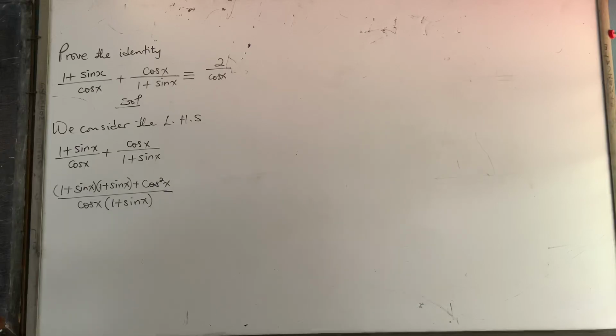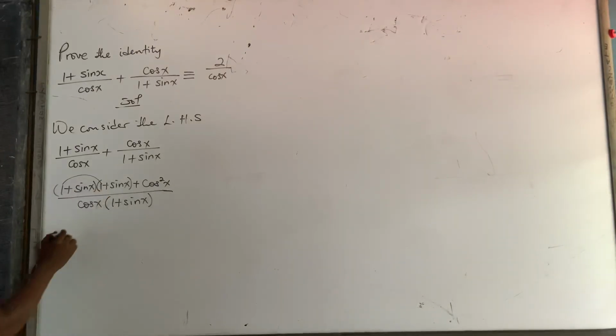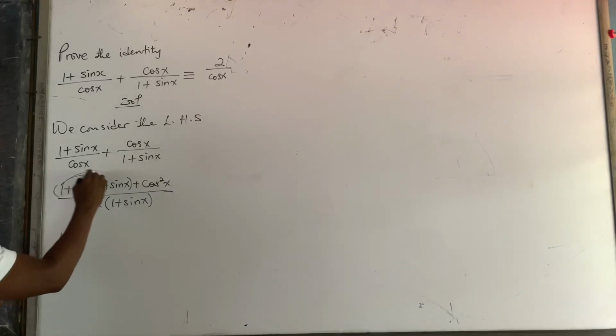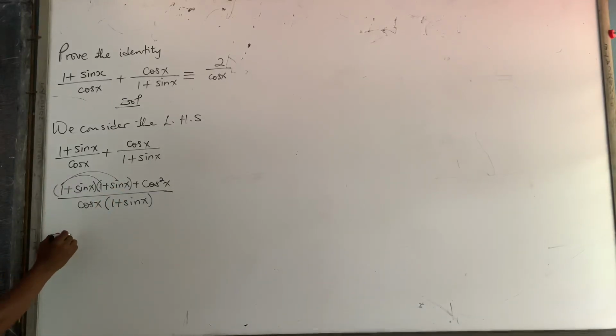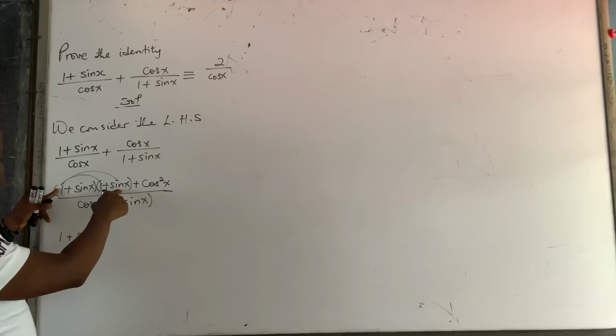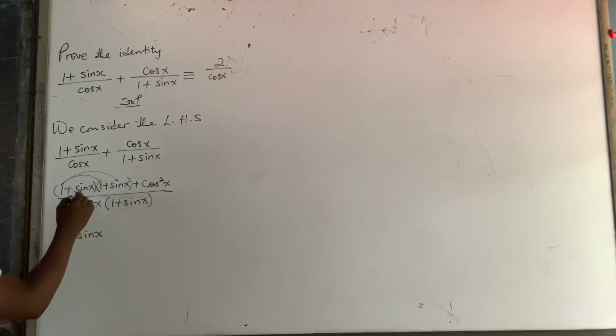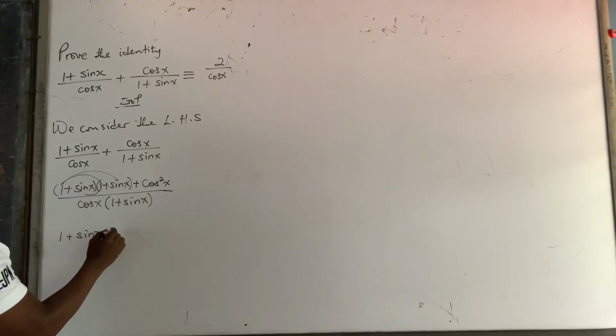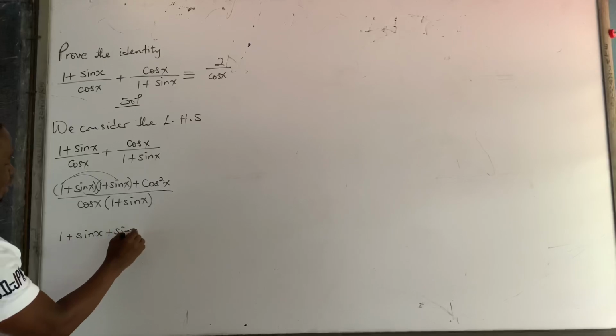So what do we do now? We expand. 1 multiplied by 1 is 1. 1 multiplied by sin x is plus sin x. So we are done with 1 multiplying every value here. Now it is time for sin x. Sin x times 1 is sin x.